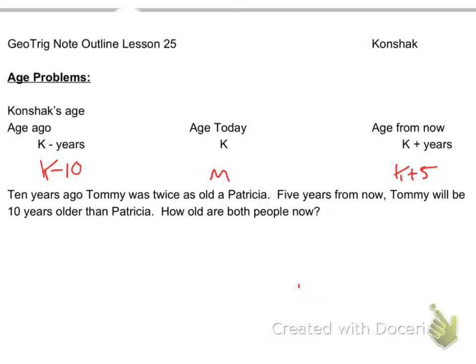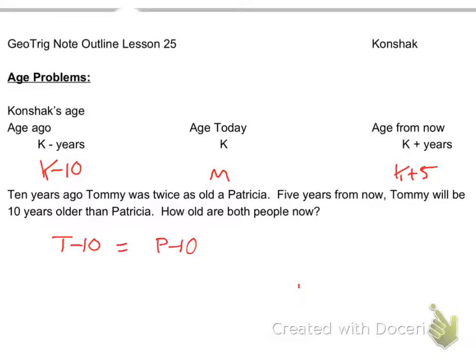So how do I know 10 years ago for Tommy? It's T minus 10. Patricia will be P minus 10. The question you have to ask yourself, were they the same age then? No. Someone was twice as old.